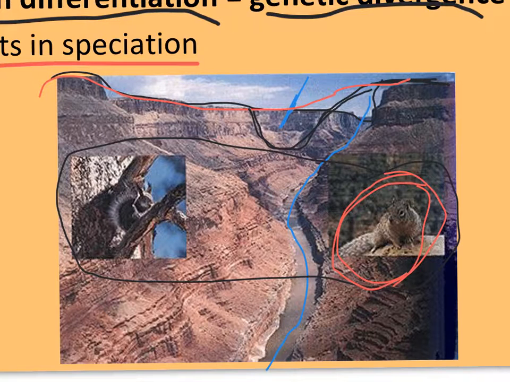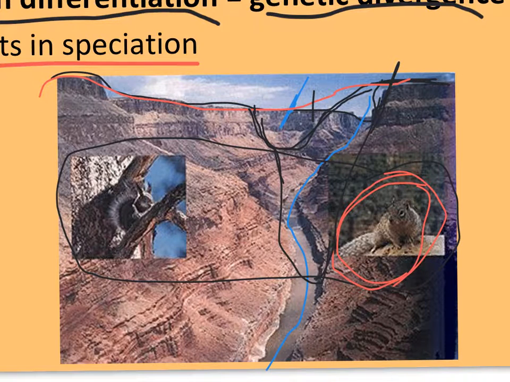Okay, and so there might have been some ground squirrels down below, but eventually the canyon over 7 million years finally got deeper and deeper, right?